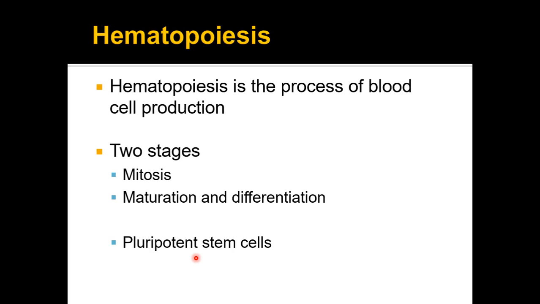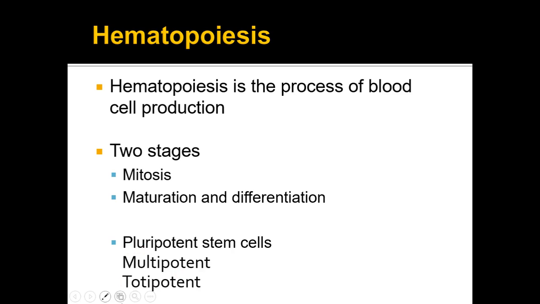So depending on the cytokines that are stimulating the pluripotent stem cell, or maybe even hormones that are stimulating these pluripotent stem cells, will determine what mature cell that pluripotent stem cell will end up as. So as you're reading and studying about this process, you'll come across the word multipotent and also totipotent stem cells.